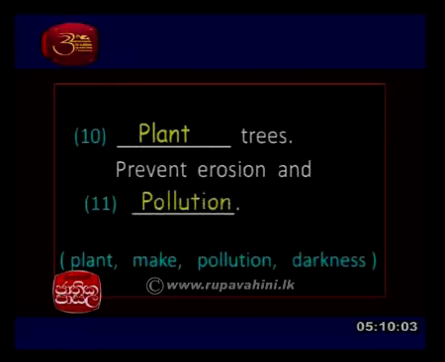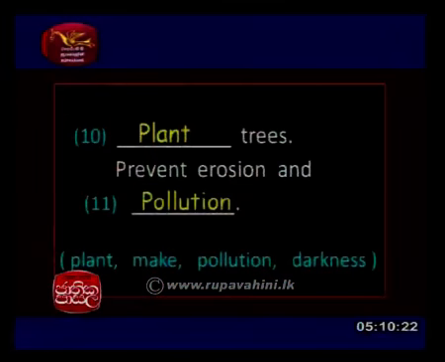Now, normally plant is a noun, but what is the function of this plant here? It's a verb. Plant trees, so it's the verb that we have used there. It's an instruction. Yes, you have to do this. Please plant trees, then prevent erosion.